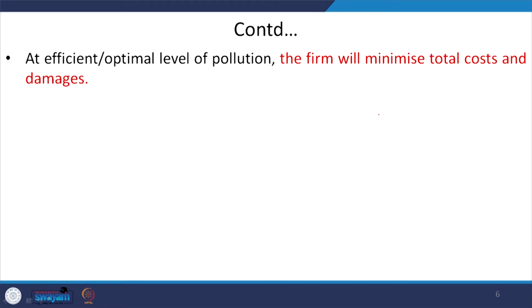Now, how are we finding this optimal level of pollution? At the optimal level of pollution, the firm must minimize the total costs and total damages. That is how the optimal level of pollution can be defined.